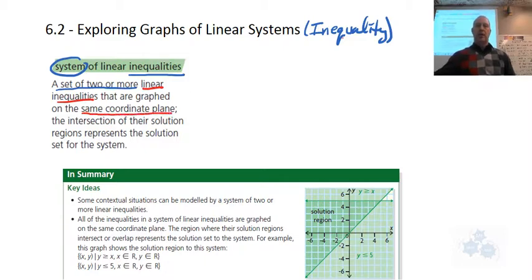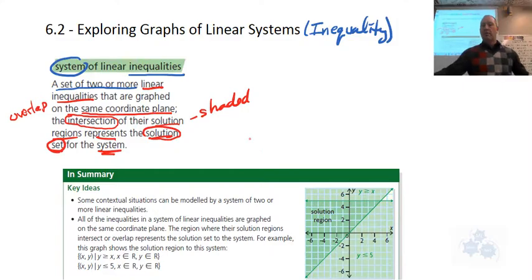The intersection, that also means the overlap, and I'll just write that word down here, overlap, of their solution regions, so that is the shaded regions, where both shaded regions overlap, represents the solution set, the set of solutions for the entire system.